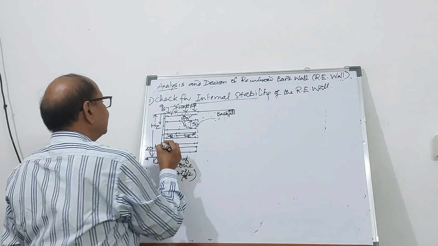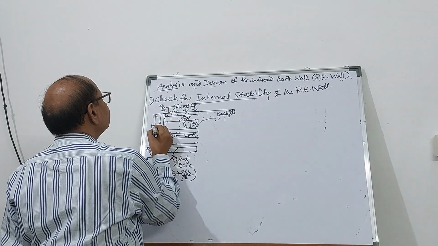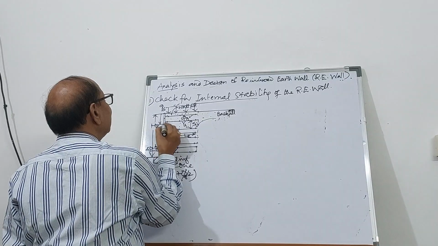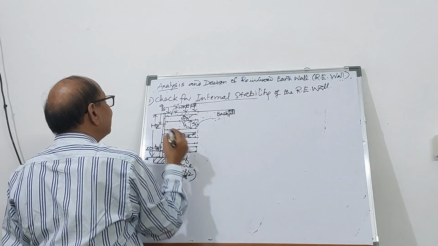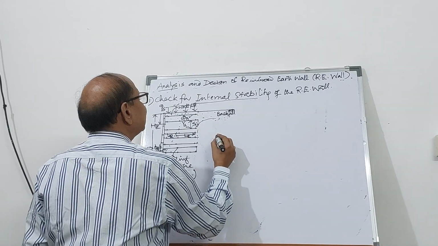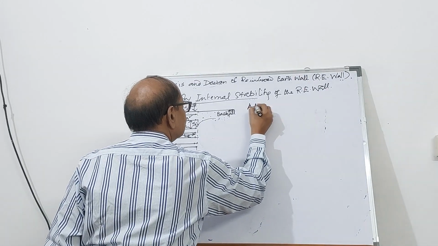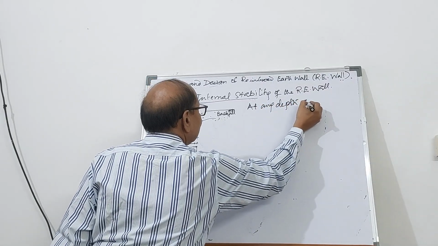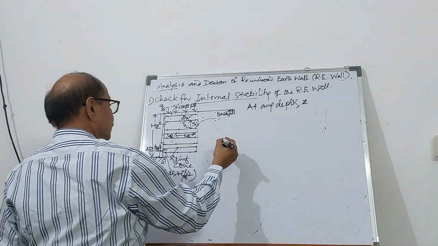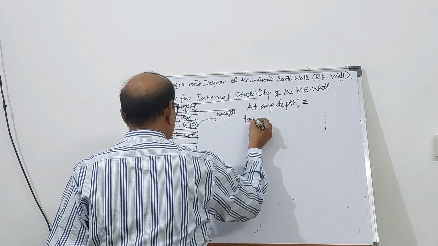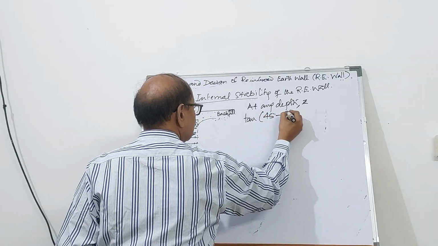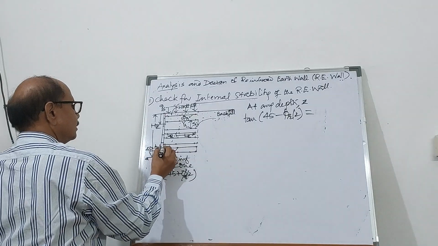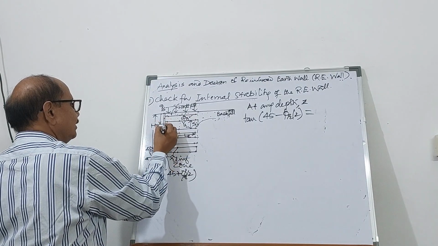If I take this as Z, then at any depth Z, the remaining length is going to be H minus Z. So at any depth Z, tan of 45 minus phi r by 2, this angle, will be the opposite side here.